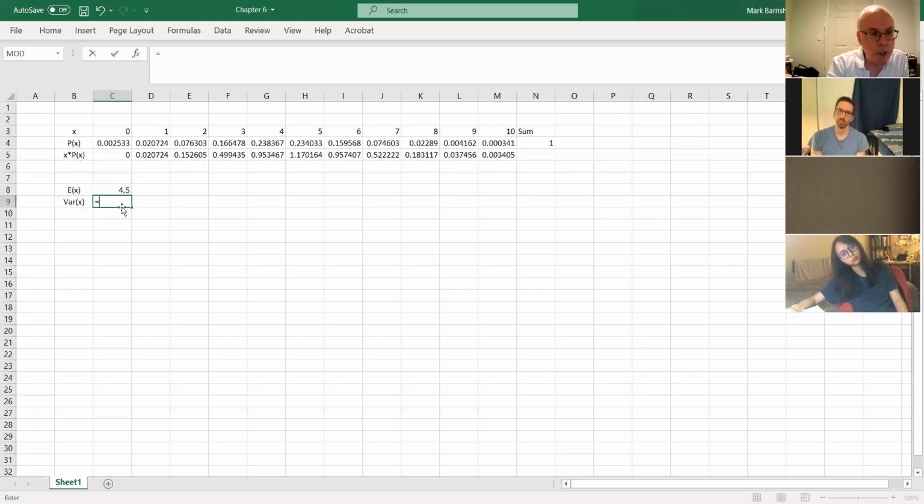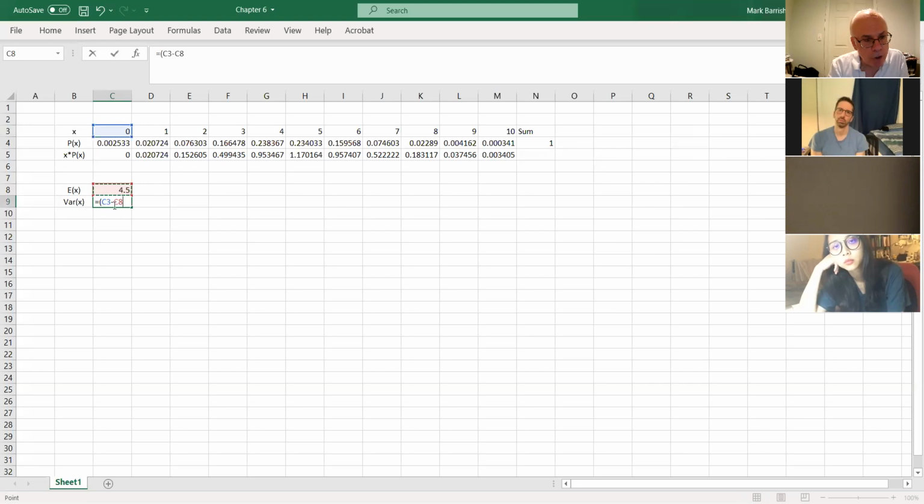We're going to create a formula, and we're going to open up a set of parentheses, and just point to the value for that particular case. In this case, it's in C3. And then we're going to subtract the mean, 4.5. But because of the way Excel works, we want to fix the position of the mean for each of these other values.